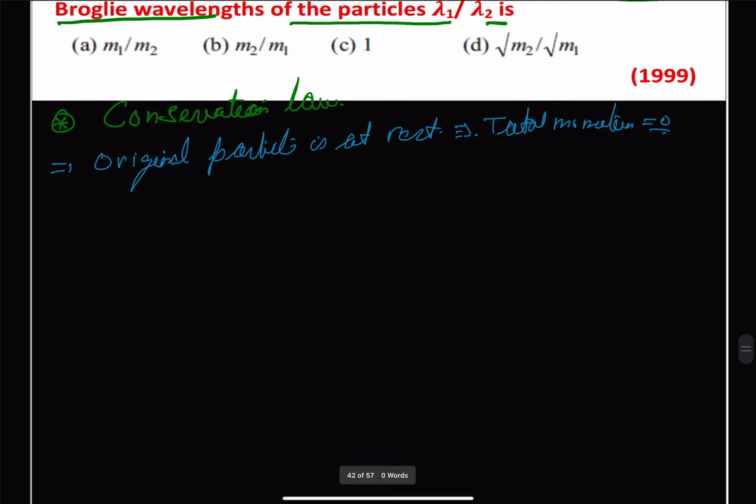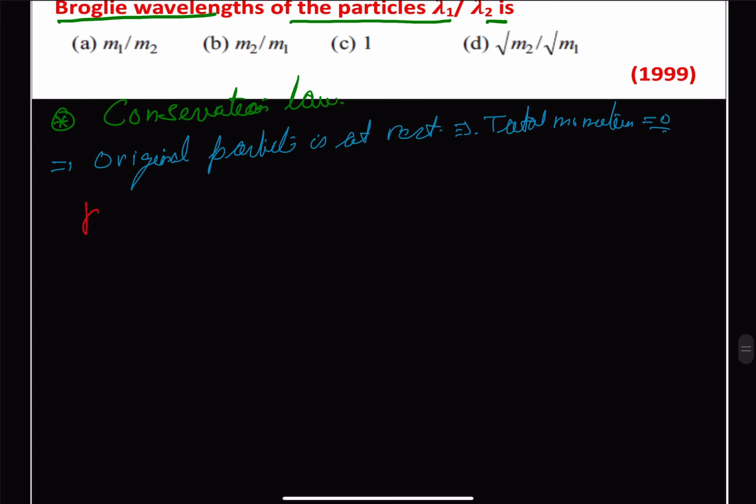Therefore we can write that P1 plus P2 is equal to 0, or P1 is equal to minus P2, or in terms of magnitude we can assume that P1 is equal to P2 is equal to P.